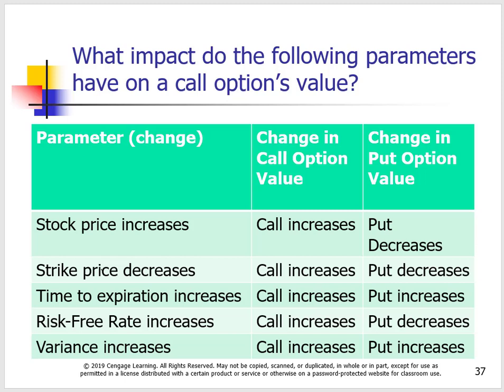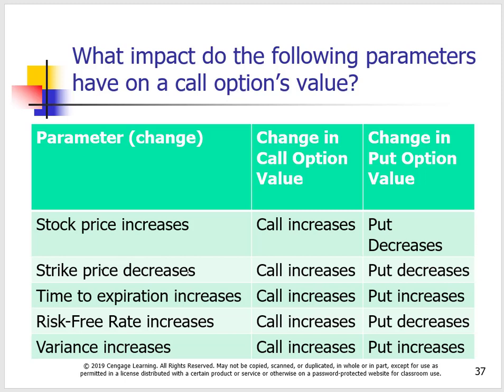Now, if the stock price increases, along with increases in all the other variables, how does that affect the call? Well, for all of them except strike price, if the parameter increases, the call value increases. If the strike price decreases, that also means that the call will increase.